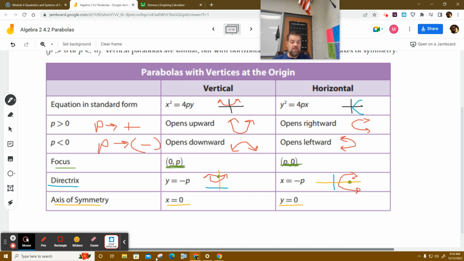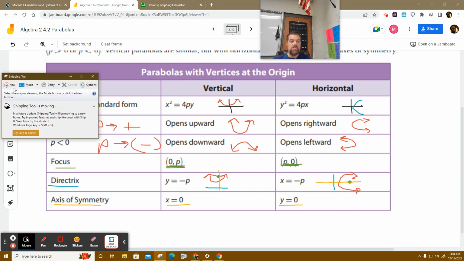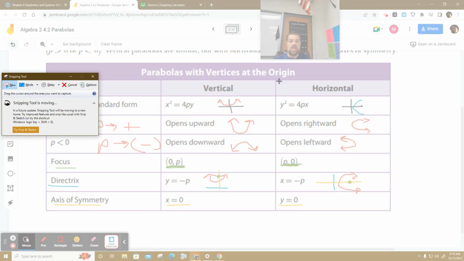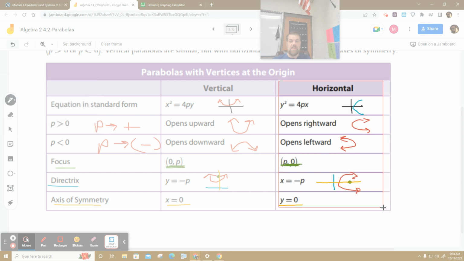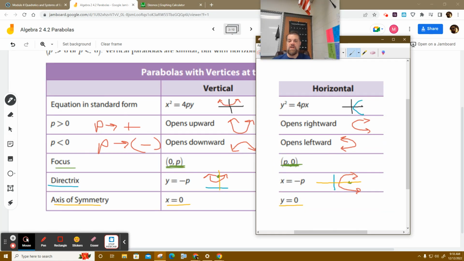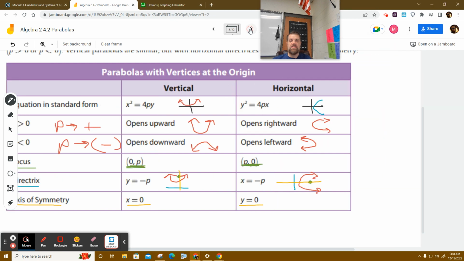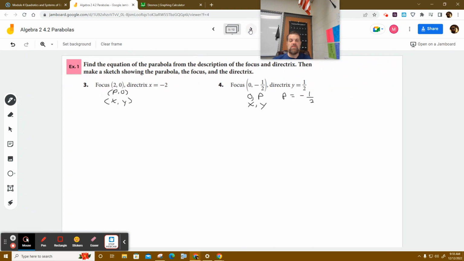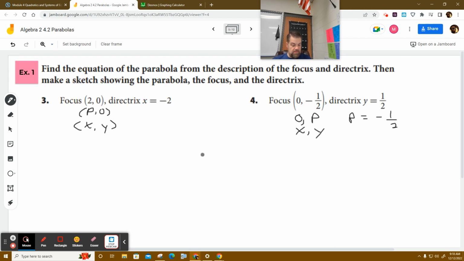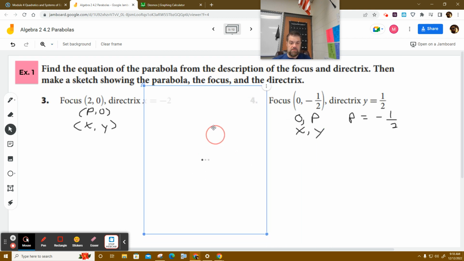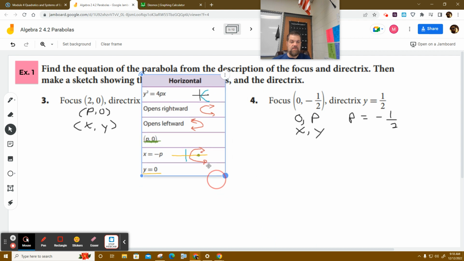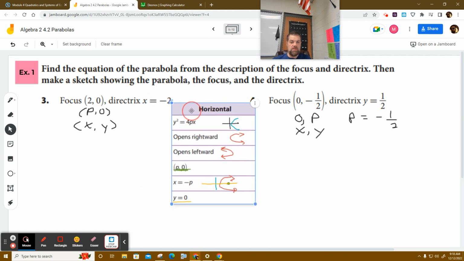In fact, I'm going to copy and paste this real quick, just so you guys can see it. I'm only going to work with this stuff. This is the information that I need, and that's what I'm going to use to finish this problem. I'll make it a little smaller and paste that right here. But you guys should be looking at this information as you do your homework, okay?